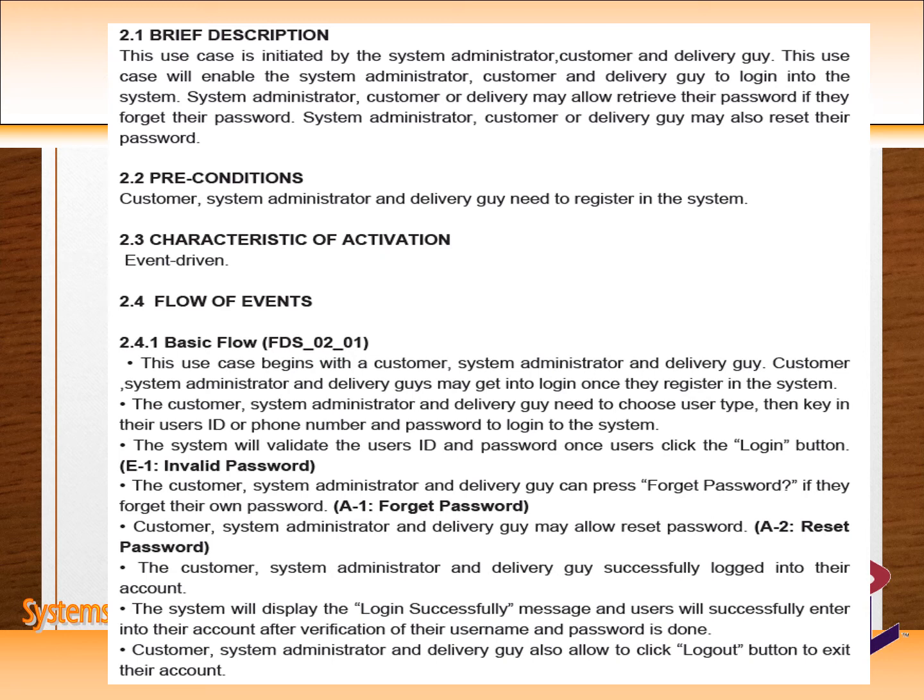And then if there is a precondition, in this case, they need to be registered first. Characteristics of activation is event driven. Normally you label it with an ID so that it's easier for you to trace back the requirement.